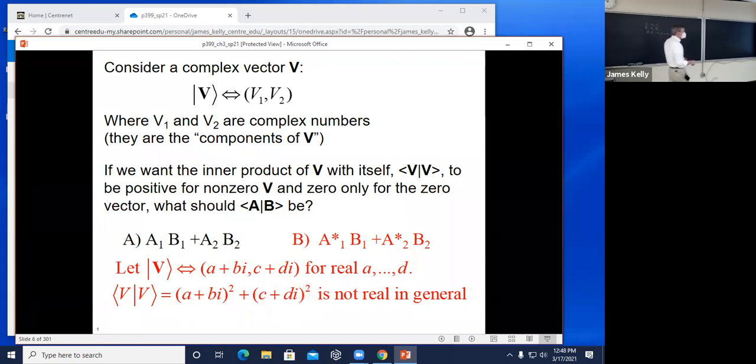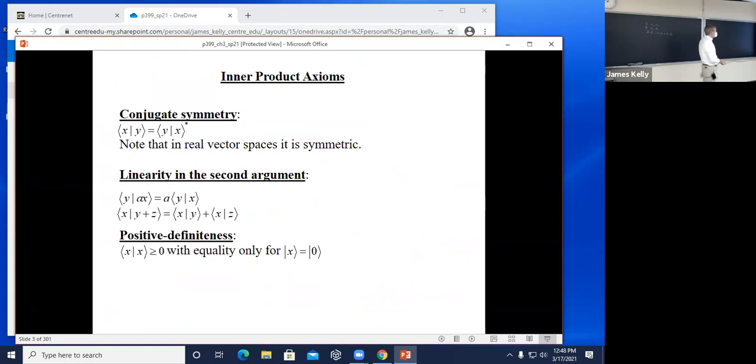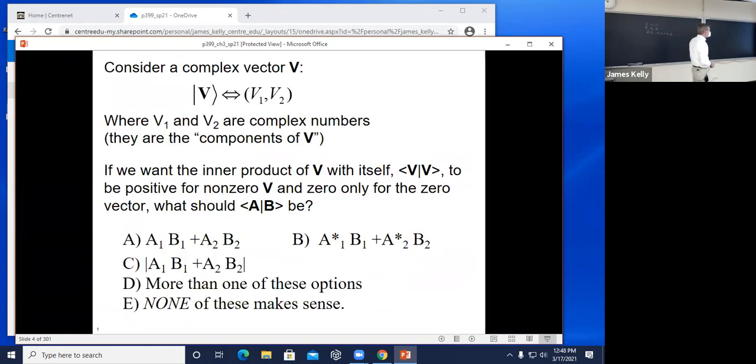So in general, those parts of the inner product that have i's with them are not going to disappear. So this is not real in general, and that violates one of our other axioms of an inner product: that the inner product has to be a real number, in fact a non-negative real number. It can't be complex, so there can't be any i's in it. The inner product is always going to be real.